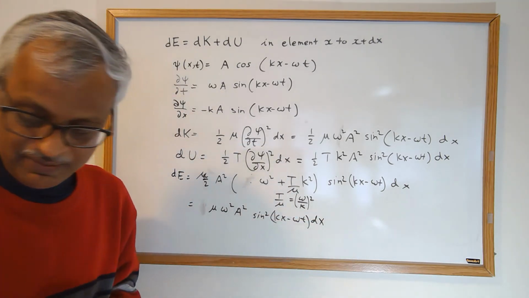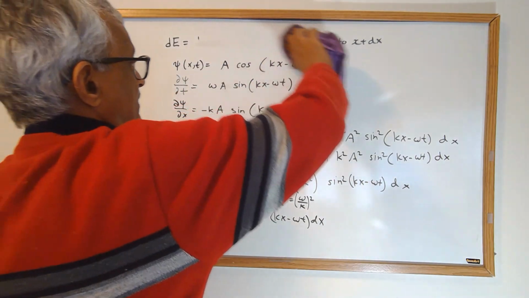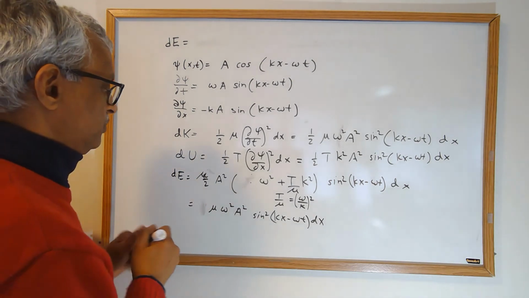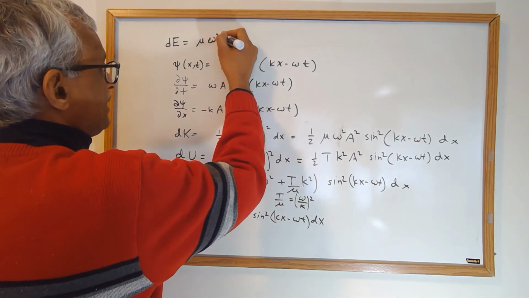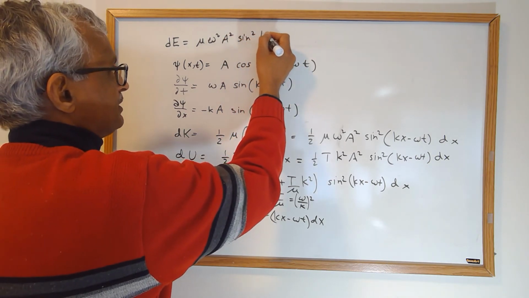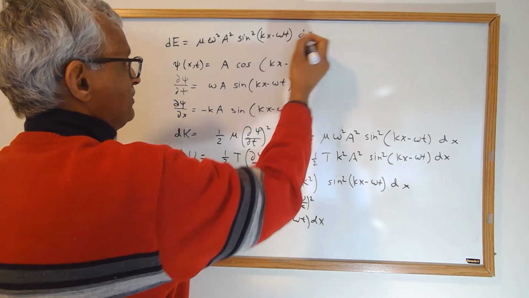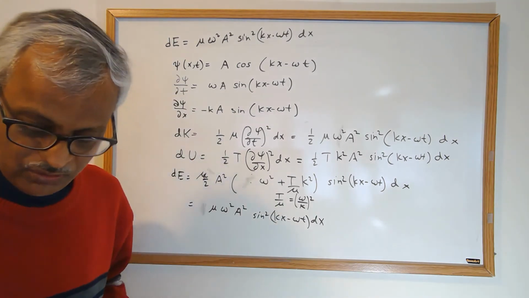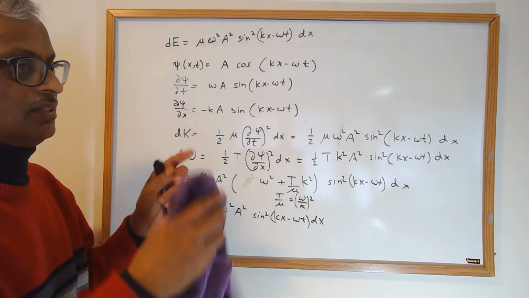So we find a really nice and simple expression of total energy, mu times omega square a square sine square kx minus omega t dx.